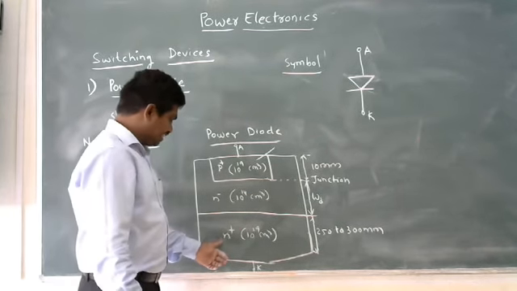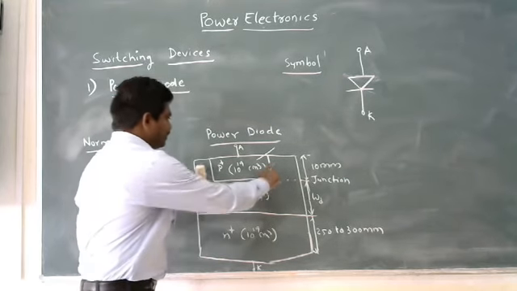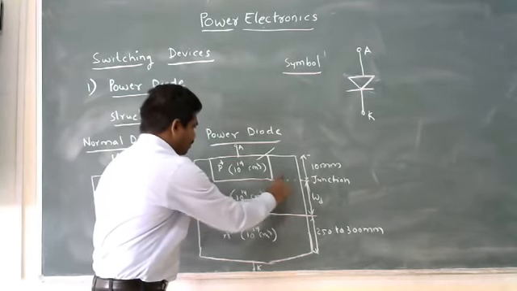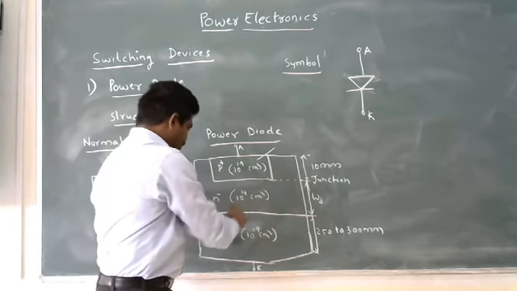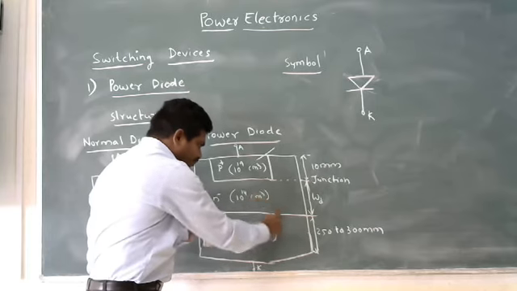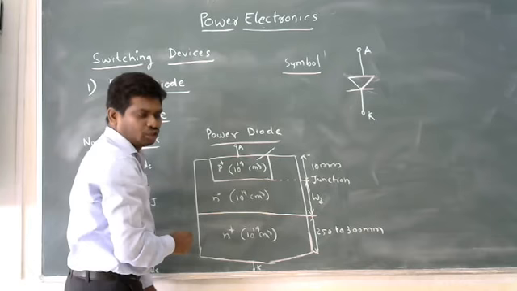And what about the n plus layer? This portion is the n material, and this portion is the p material. In the n material, this upper part is lightly doped.